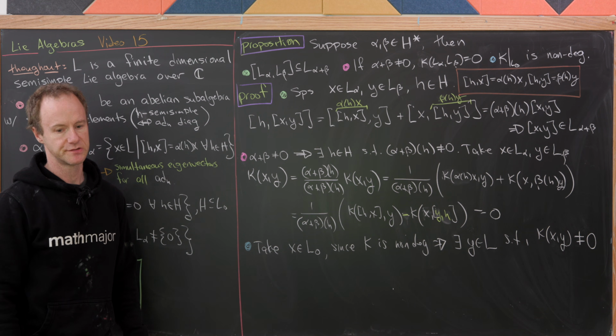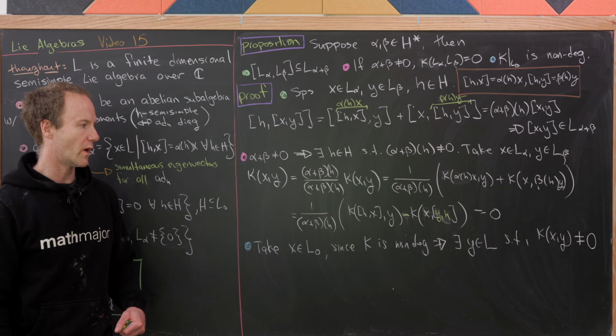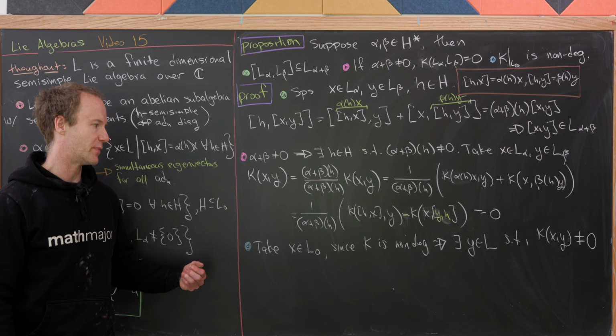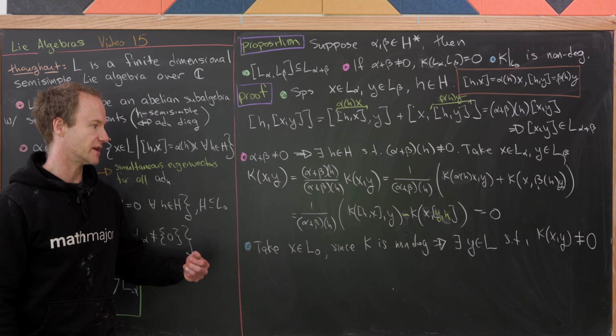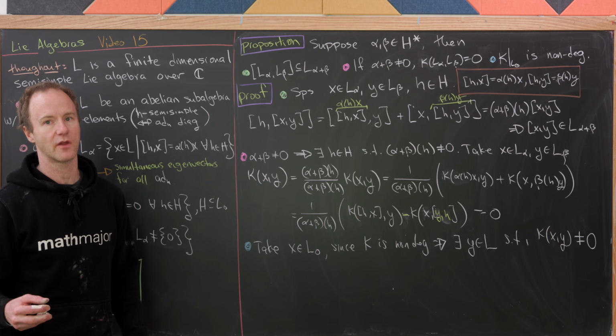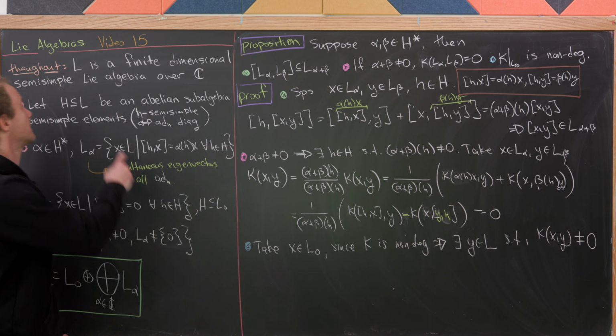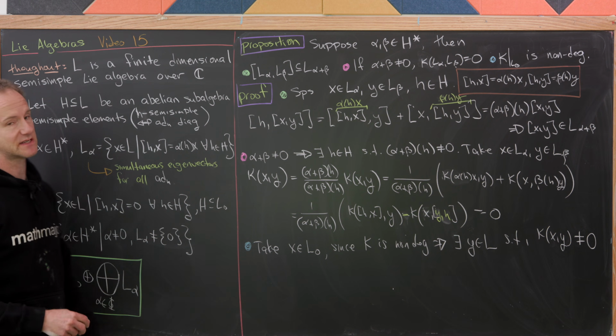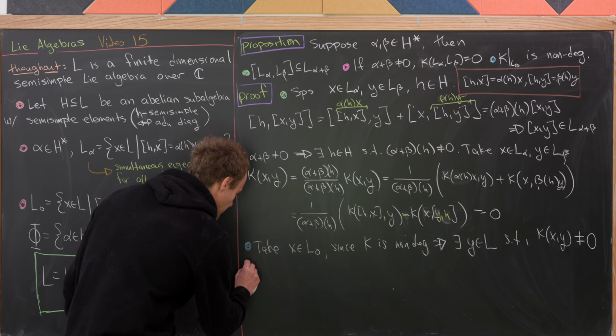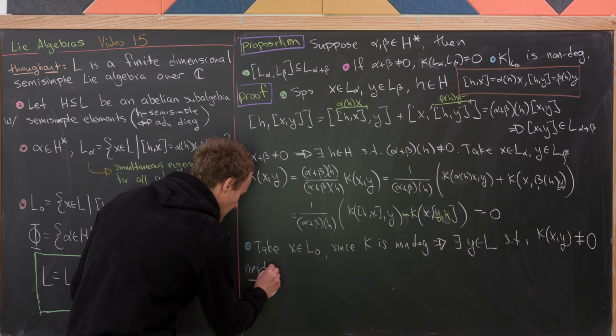Okay, good. And so, well, why is that? Well, if that did not hold, then kappa would be degenerate on the whole Lie algebra. But it can't be degenerate on the whole Lie algebra because we're assuming that L is semi-simple by our previous result.